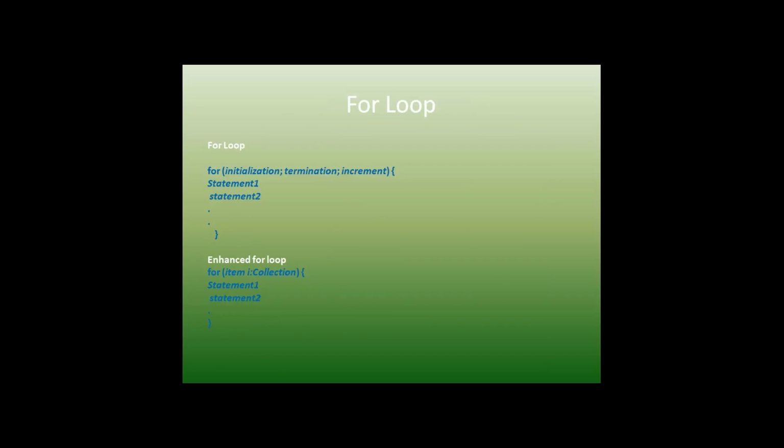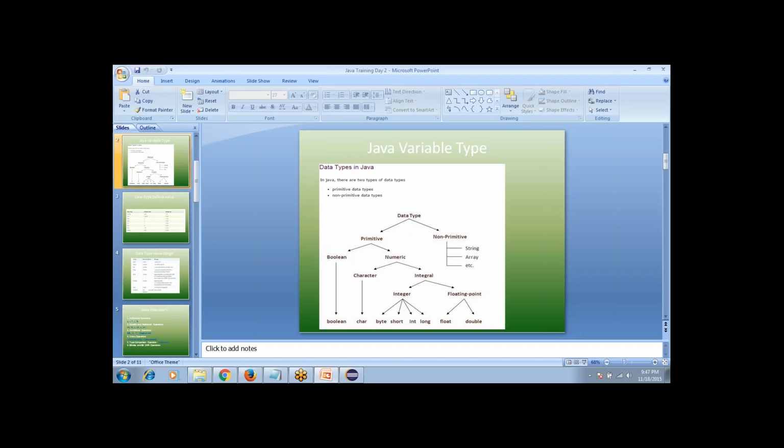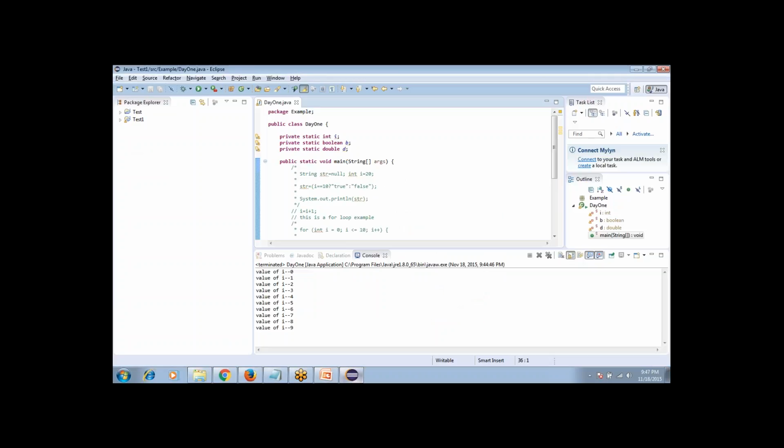For loop and enhanced for loop, I just gave you an idea what it is, but I am sure you don't understand it now. But we are going to cover that when we move to collections or arrays. Then we have defined the while and do while. We have differentiated between them. So any question in this area? No question?